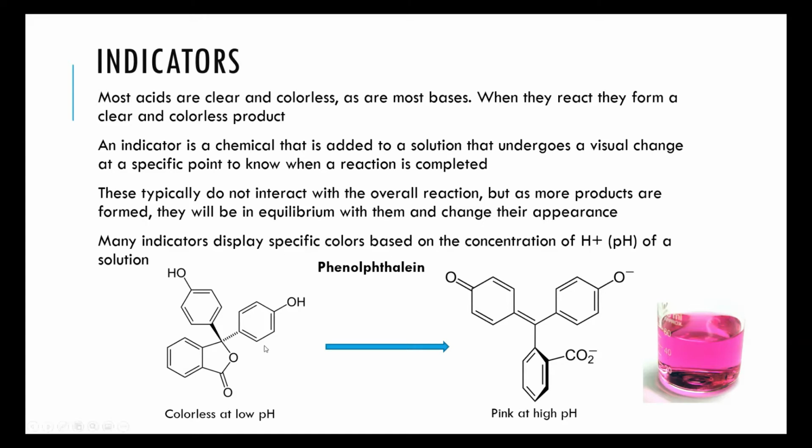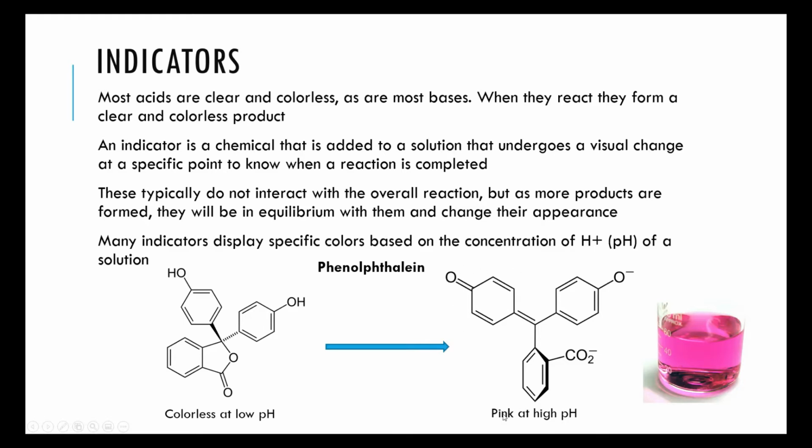An indicator itself, like phenolphthalein here, is a specific chemical where the structure is oriented in such a way that it can produce a color under the right conditions. Many times these are organic molecules, and it will have what's called conjugation when it displays a color.